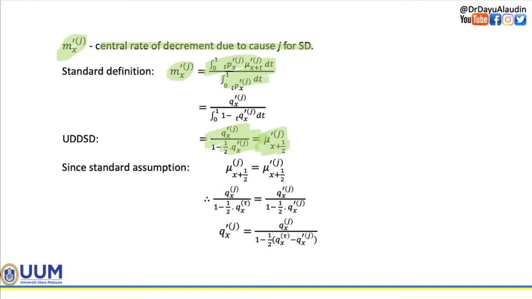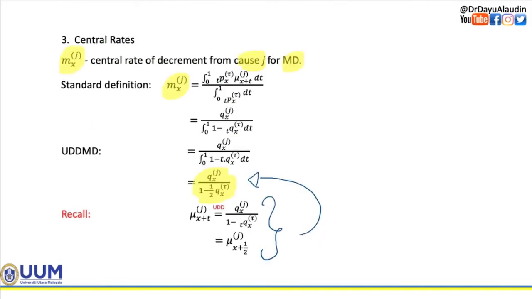Since the standard definition is equal to this one, qxj is equal to this one. This is for UDD-ST, single decrement. The previous slide is UDD-MD for multiple decrement.